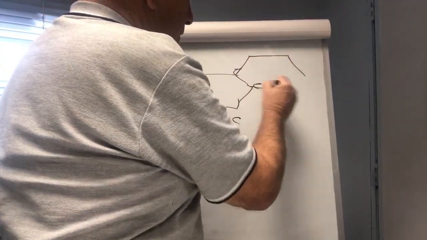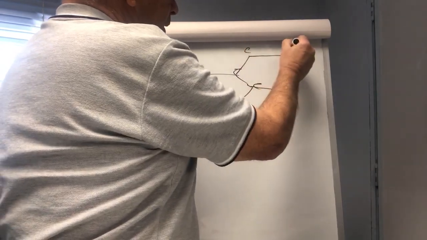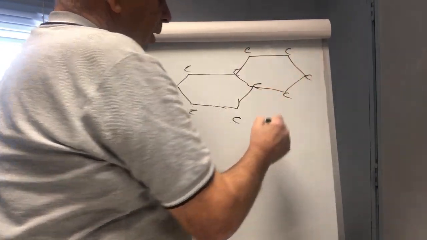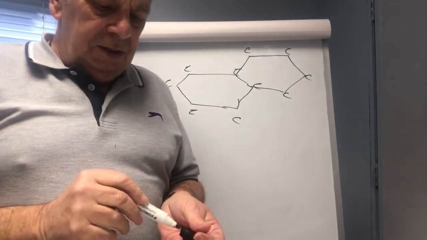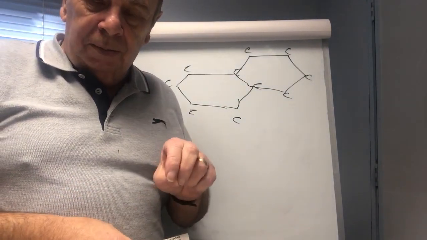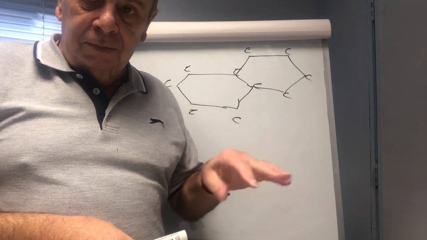So there's the next one, C, C, C, C, and I can go on and on and on. So graphite consists of a large number of carbon atoms.